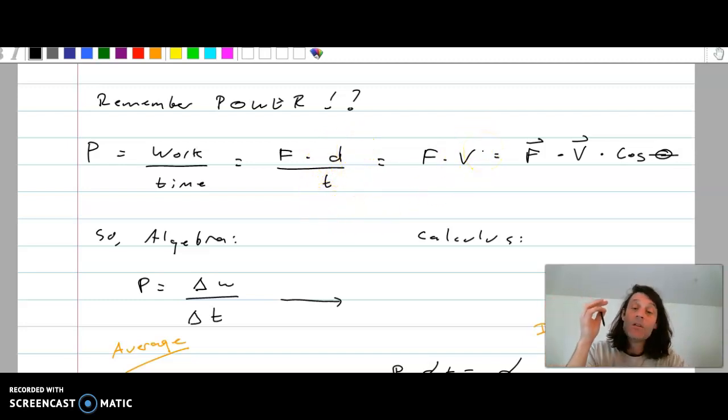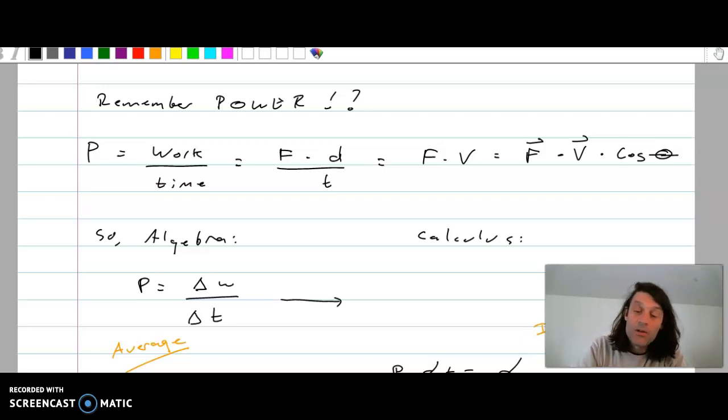Since work was a force times distance times a cosine of an angle, power is a force times a velocity times the cosine of an angle. It is another dot product, maximum when parallel. So I just rewrote it that way too.